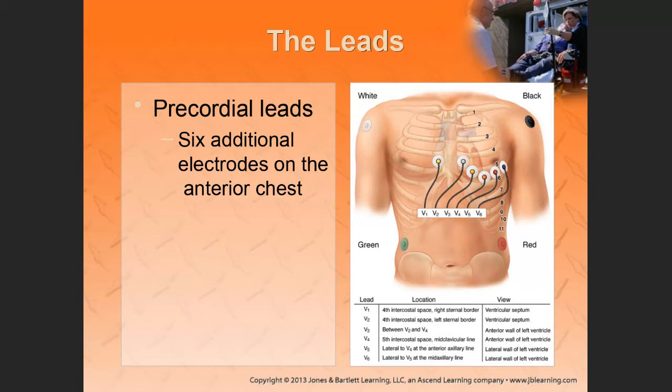If we want to look at the anterior portion, we're going to be looking at V1, V2, V3, V4. If we want to get more specific, V1 and V2, ventricular septum. V3 and V4, anterior wall of the left ventricle. And that's your leads. So let me zoom out, right?